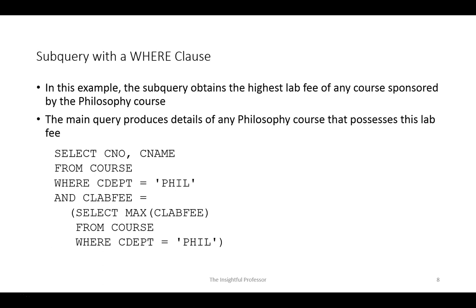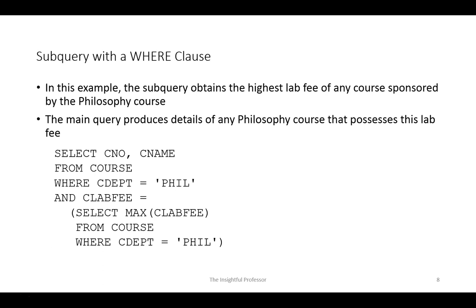Also observe that the same condition appears in both the subquery and the main query. This is due to the specific objective of this query, namely to identify philosophy department courses with the highest lab fee of all philosophy department courses. If we were to place the condition in only the main query or only the subquery, that condition would not apply to the other.